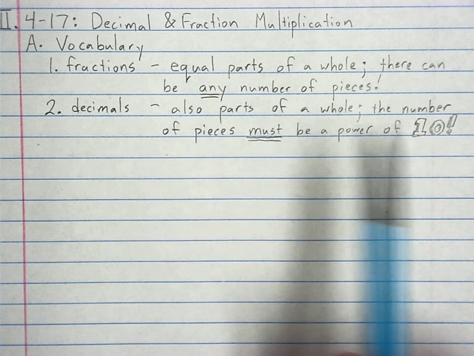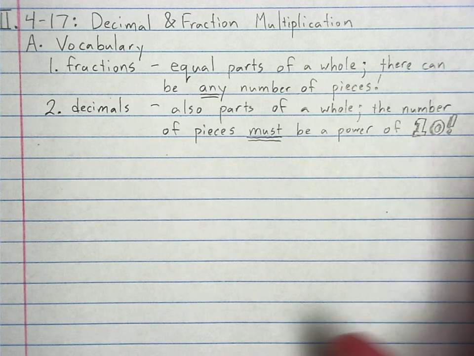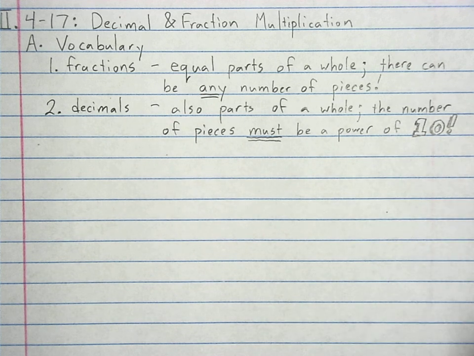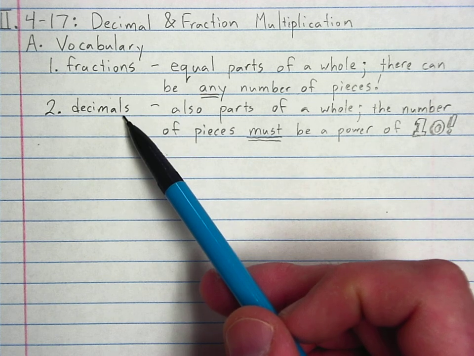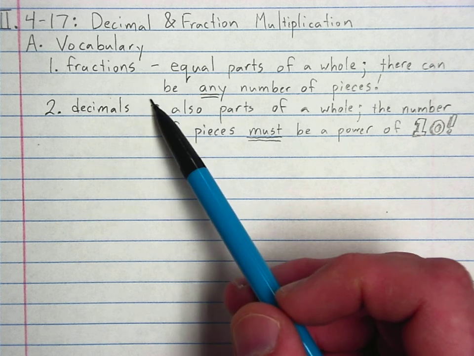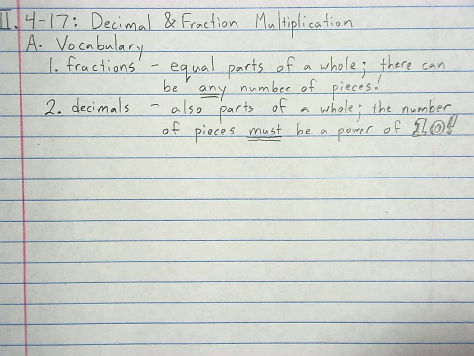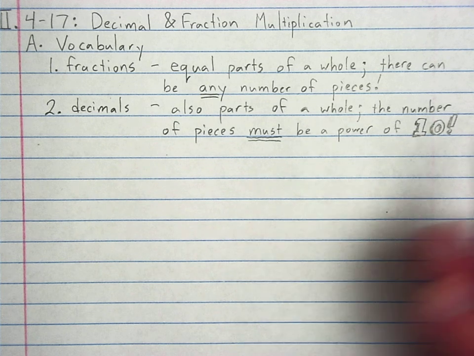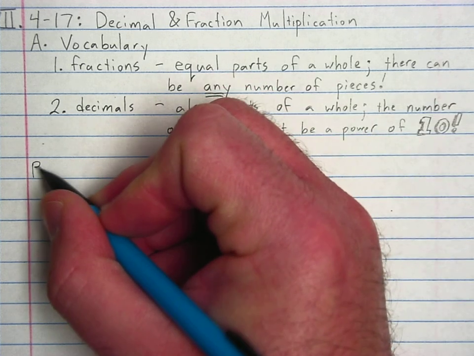Decimals are always out of a power of 10, whether that's tenths, hundredths, or for us we might go to thousandths. Okay? They're very similar. Some fractions, like 3/10ths, are very easy to think of in terms of decimals. Today we're going to look at one like that, and we're going to talk about what to do with ones that maybe don't work quite that easily. So let's take a look.